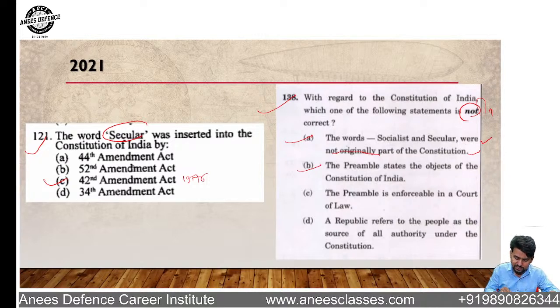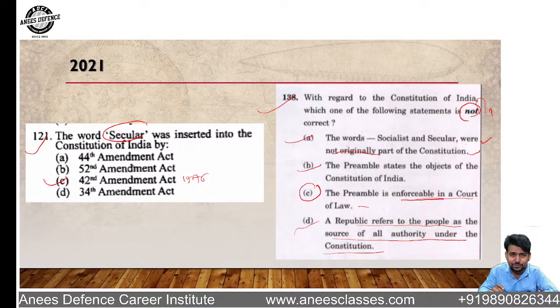Then they are asking whether preamble is enforceable in court of law. And D says, the republic refers to the people as the source of all authority under the constitution. Yes, in both systems, republic and democracy, we have all seen that the people are ultimately the source of power, right?